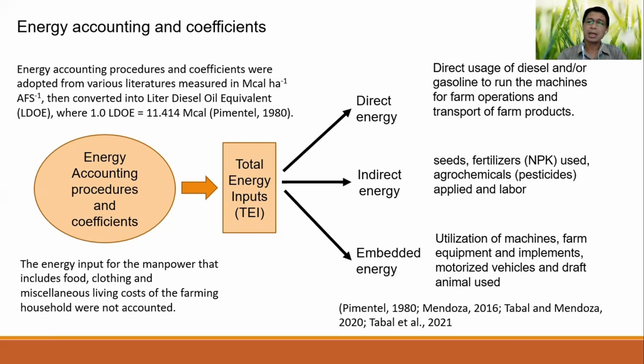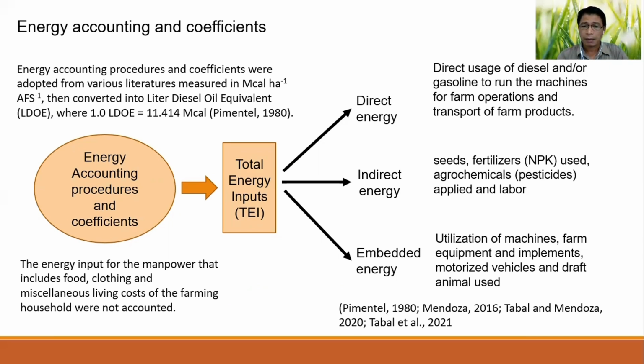When we talk of seeds, fertilizers like NPK used to fertilize crops within the AFS, and the agrochemicals and pesticides applied in labor, these fall under indirect energy.